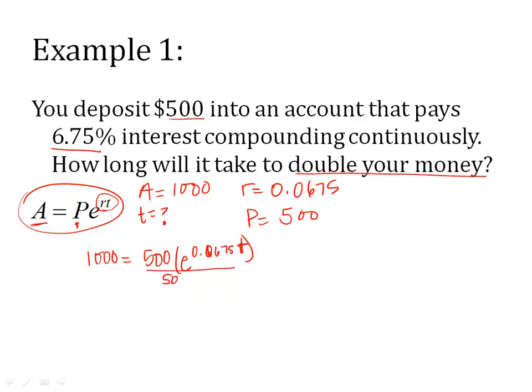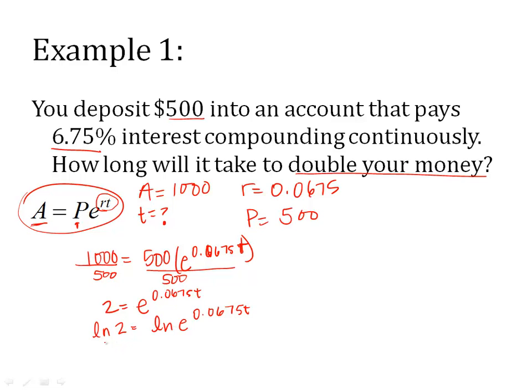So I'm going to divide by 500, and I'm going to get 2 equals e raised to the 0.0675t. Now, if you recall, what did we do to get the t out of the exponent? If you remember, we had to take the natural log of both sides of the equation. So we did the natural log of 2 equals the natural log of e raised to the 0.0675t.